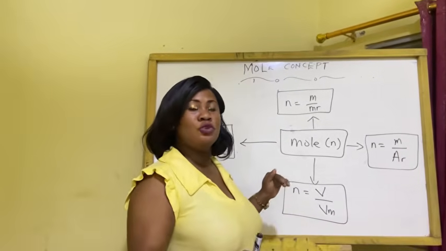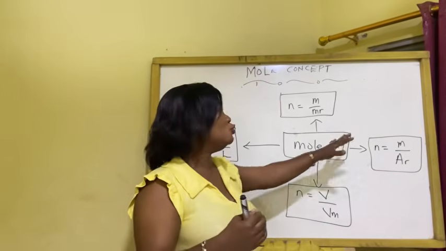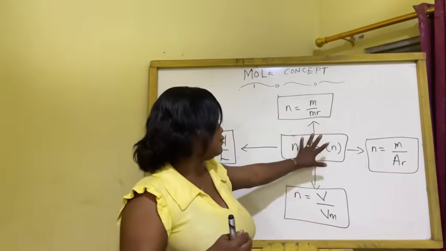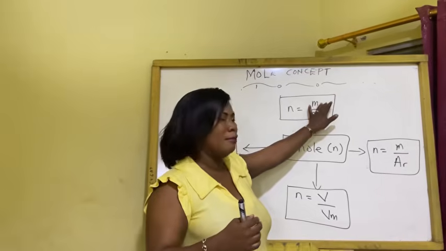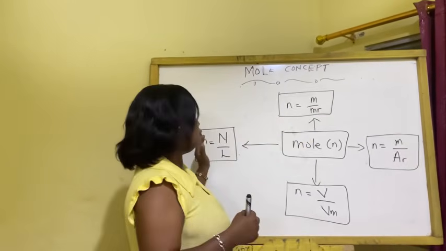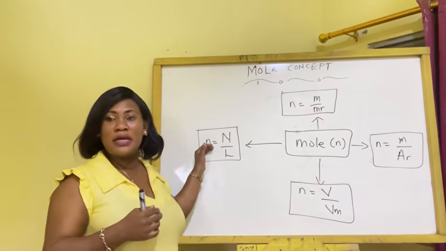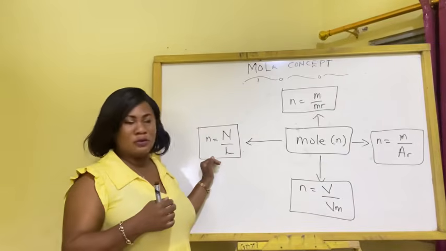Now in our next video, we'll be looking at questions and how we use these quantities and expressions in solving them. So the first one, the mole, was related to the mass and the molar mass. So m, mass, Mr, molar mass. Then we saw the second one, which is the Avogadro's constant. We saw that n is also related to the Avogadro's constant as the number of entities over the Avogadro's constant.